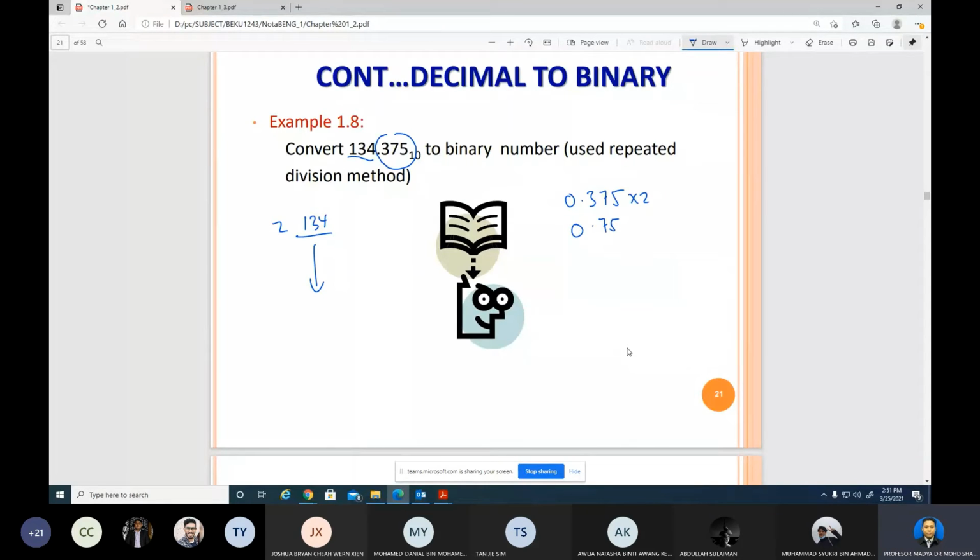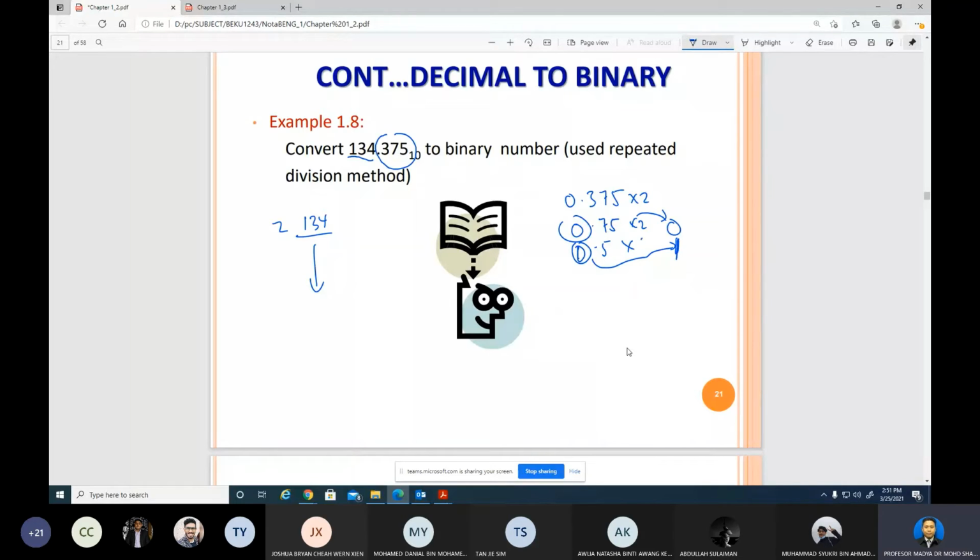That means you bring the 0 here, to the right, and then multiply by 2. 0.75 multiplied by 2, you get 1.5. Actually, 1 is brought to here, and this one will be 0.5.